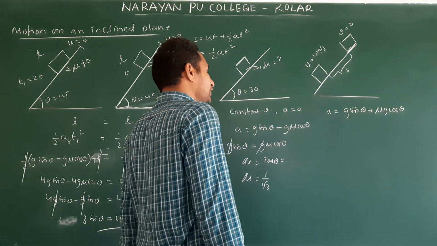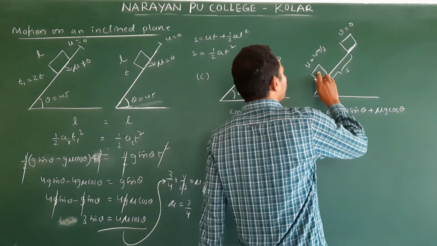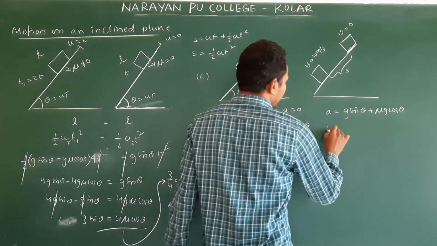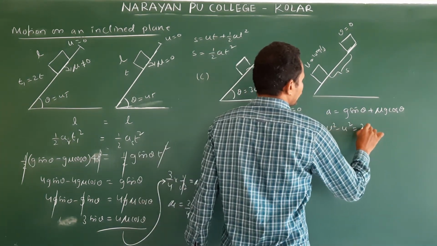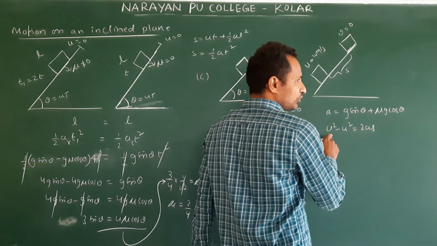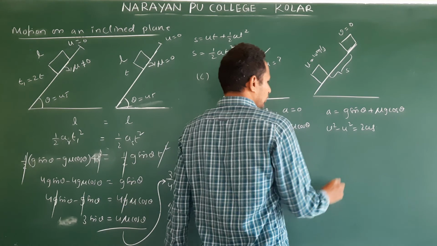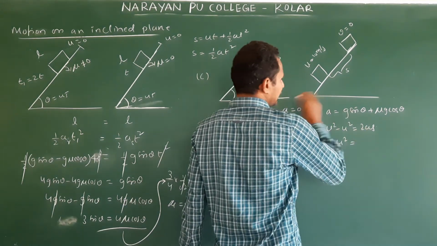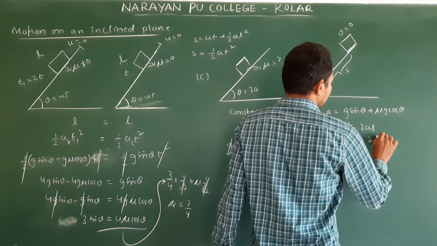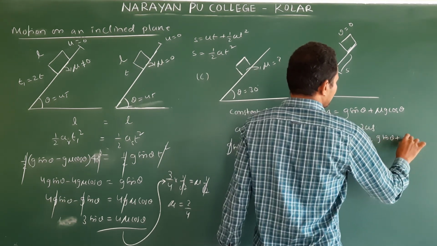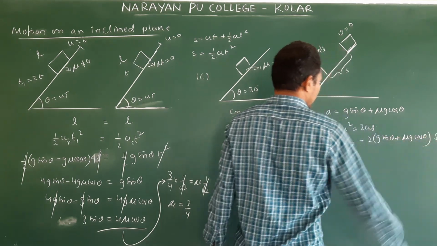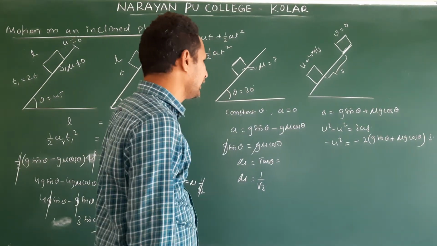Which equation helps? We have u, v, a. They are asking s. So v square minus u square is equal to 2as. Final velocity 0, so this is minus u square. It is retarding, so you can write minus 2 into g sin theta plus mu g cos theta into s. Substitute their values, we will get the answer.